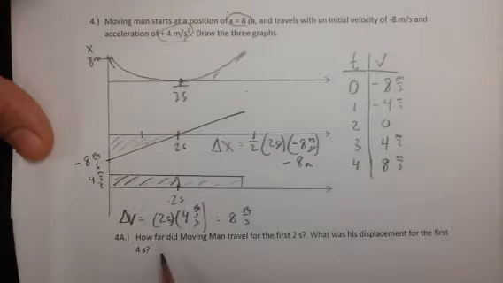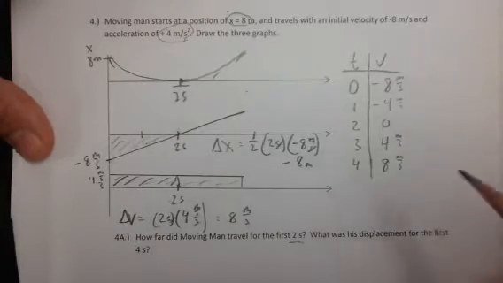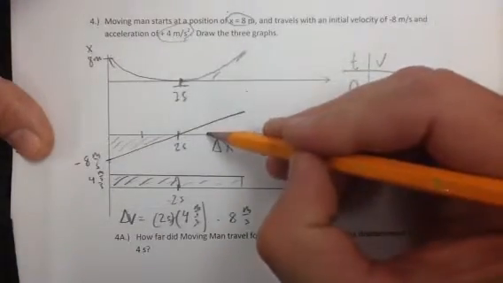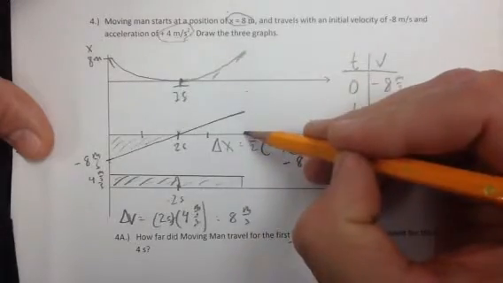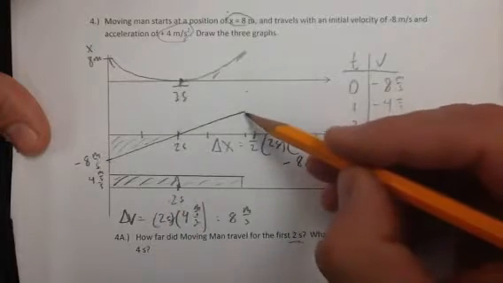Last but not least, it asks how far did the moving man travel for the first 2 seconds? I think we figured that out already: he traveled 8 meters, but in the negative x direction. And what was his displacement for the first 4 seconds? Well, this graph looks pretty symmetric.